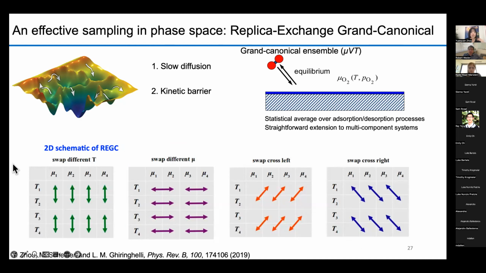But in our 2D scheme, each replica has at least 3 or even more, at most 8 neighbors to try to swap with. And we also designed 4 different swap types. In each swap type, there's a collective swap for all the replicas to enhance the diffusion between the replicas.